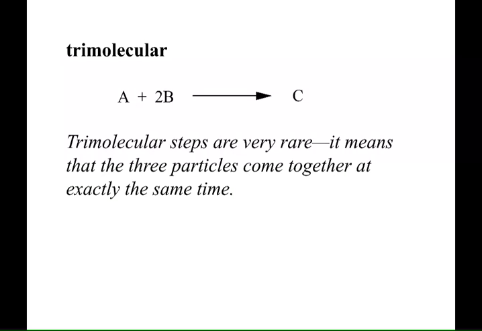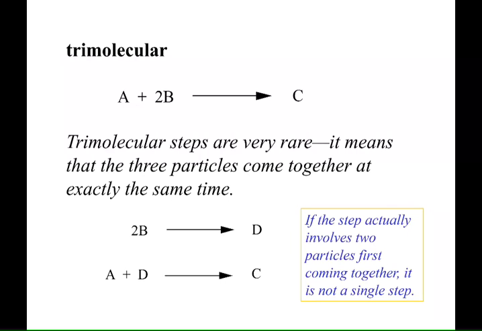I'm not saying that we don't have overall chemical reactions where you have three reactants. That happens. But instead of happening in one fell swoop, usually what happens is something like this. If it looks like it's termolecular, probably it's two bimolecular steps happening.